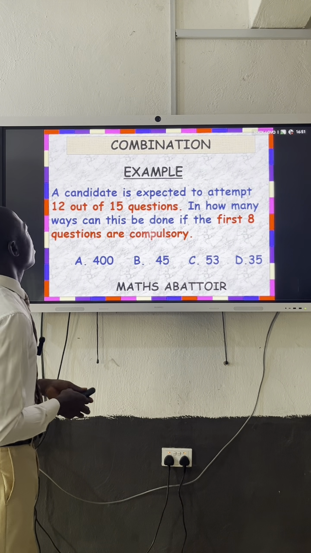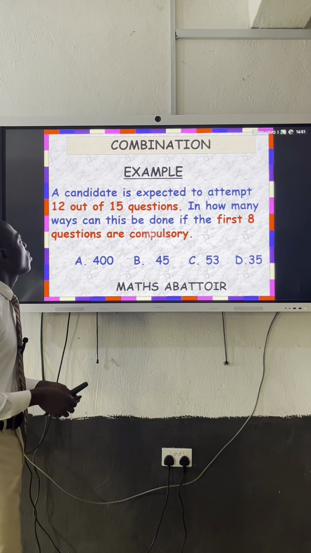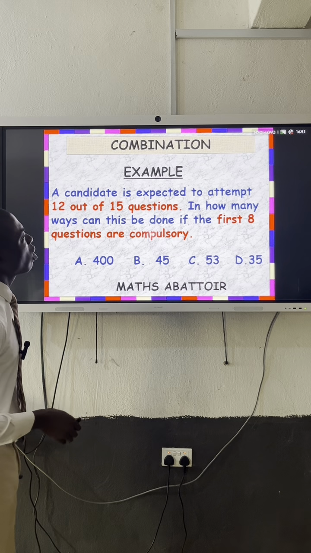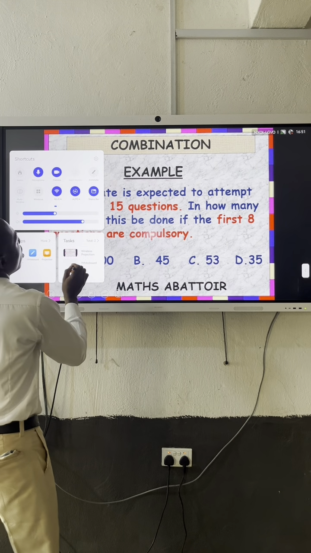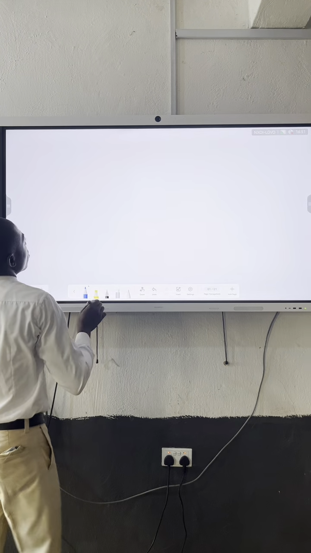Today we are going to be looking at a question under combination. A candidate is expected to attempt 12 out of the 15 questions.